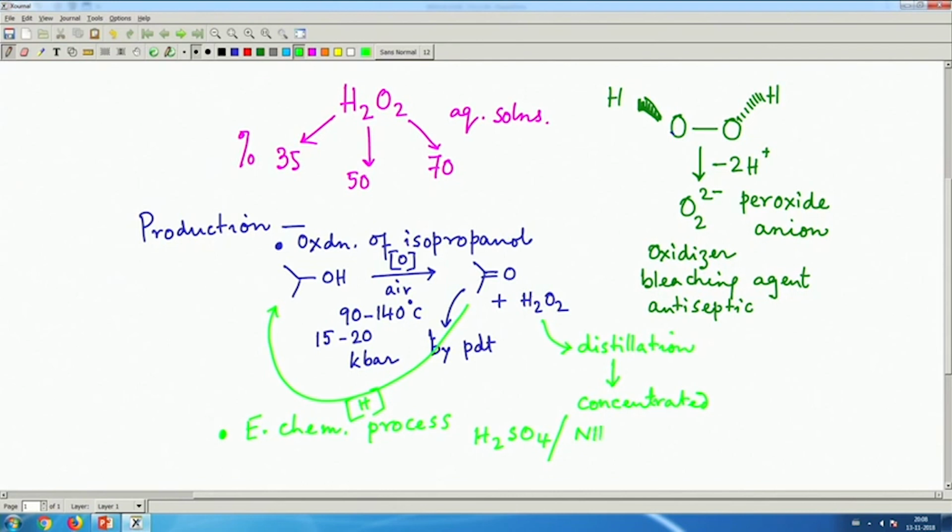So, ammonium salt of sulfuric acid, ammonium sulfate. So, electrolysis or the electrochemical oxidation of sulfuric acid or ammonium sulfate can give rise to the production of hydrogen peroxide. How we get this?